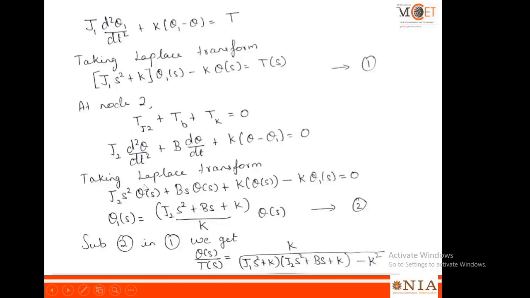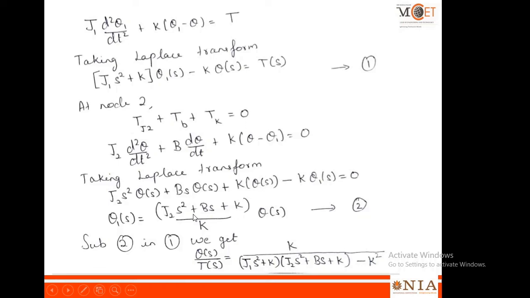In this expression you can see that there is theta of S and theta 1 of S. Find theta 1 of S in terms of theta of S. Substitute this theta 1 of S in the first equation, so that theta 1 of S is eliminated and there are only two variables, theta of S and T of S. It's very simple.